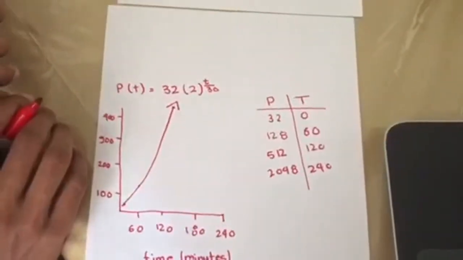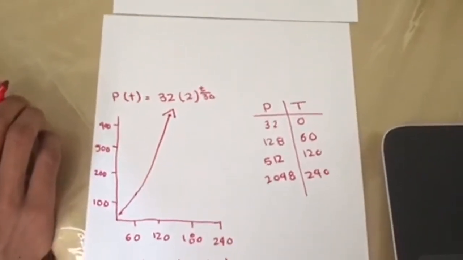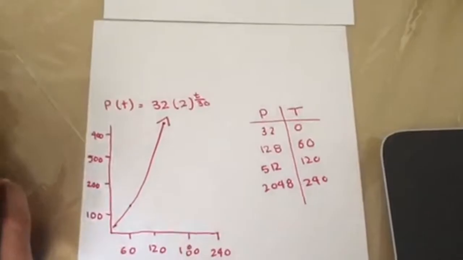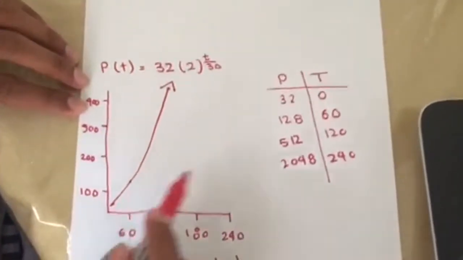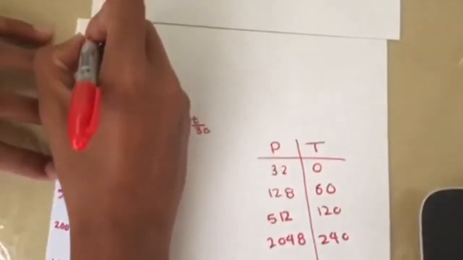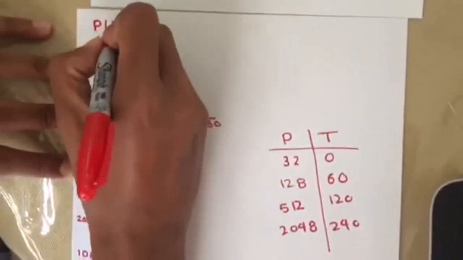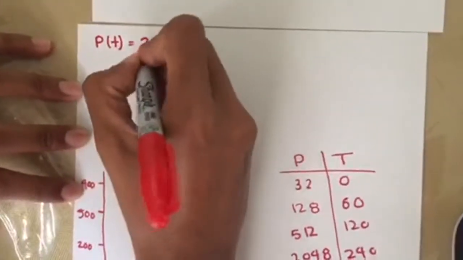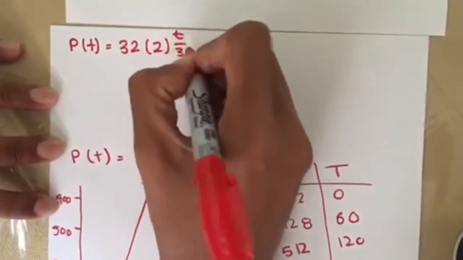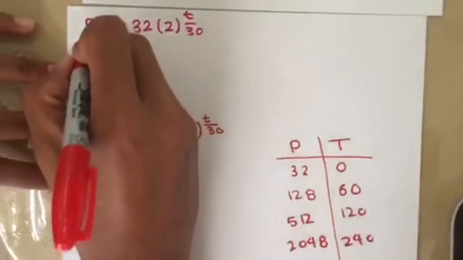Okay, so we have to use the graph to determine the approximate population after 1 hour. Using the graph, after 1 hour, we know that it's 128. So our original equation is P(T) = 32(2)^(T/30). We're solving for 1 hour.